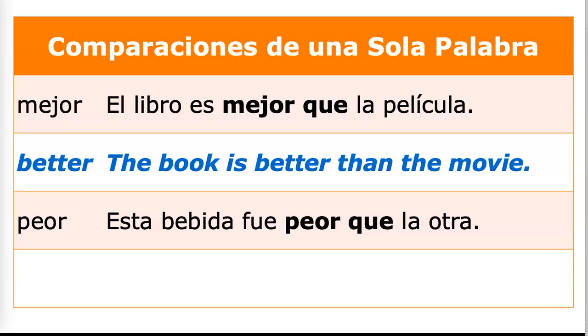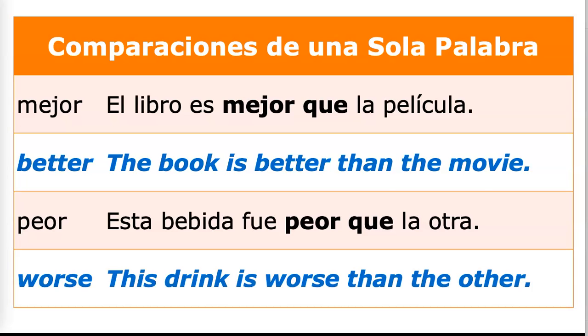Peor, esta bebida fue peor que la otra. And peor means worse. So what does this translate to? This drink was worse than the other. Notice I have a typo here. Fue is the past preterite, and it should be was worse.